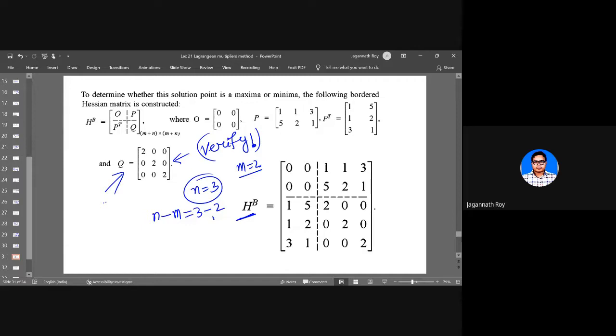So the next task is to find the determinant of the principal minor of order 5. Coincidentally, this is only 5 order, so 5 by 5 order. So this is delta 5 we have to find out, the principal minor.